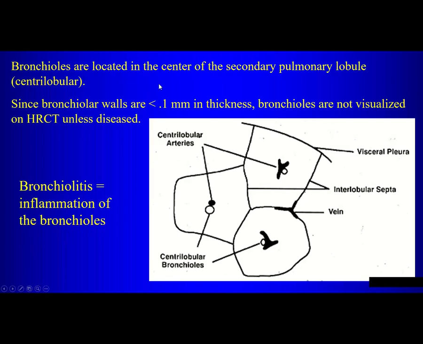The bronchial walls are less than 0.1 millimeters in thickness, and so they are not resolved on high-resolution CT. We do not see the normal centrilobular bronchiole on high-res CT because the wall is too thin. If there's a pathology of the bronchiole, though, then it may be visible on CT. The centrilobular artery runs with the centrilobular bronchiole that we do see on CT as the dot within the center of the secondary pulmonary lobule.